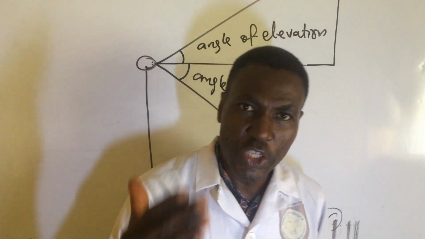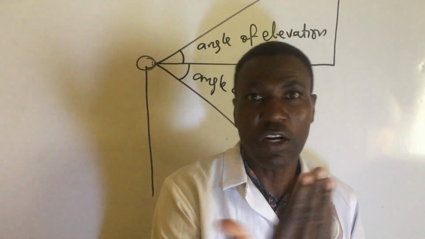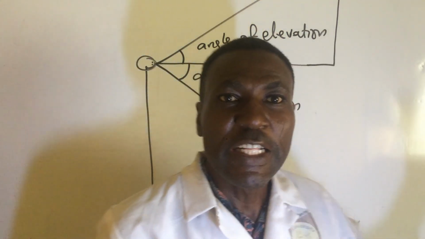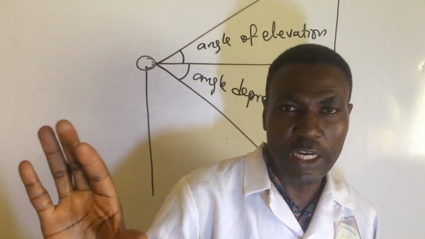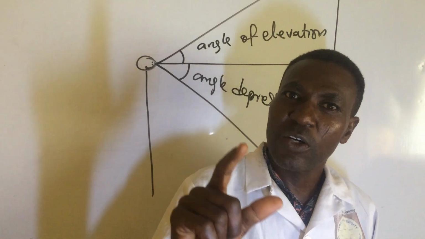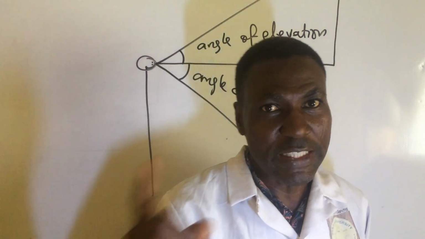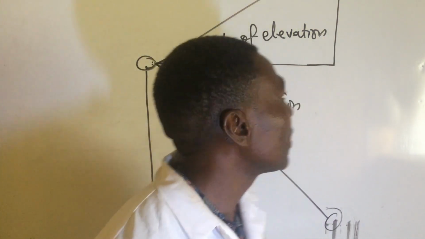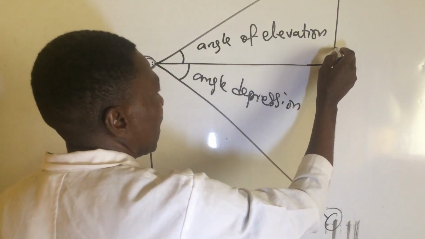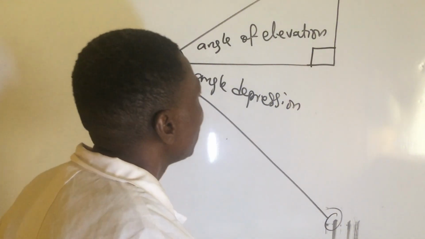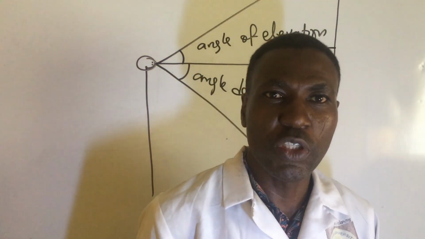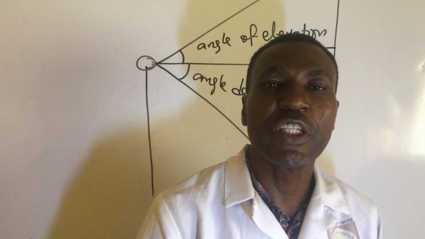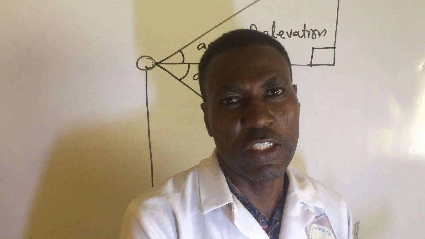Normally, we use trigonometric ratios, since the triangle is always a right-angled triangle, that is, a triangle that has one of its angles as 90 degrees. And this triangle has one of its angles as 90 degrees here. So in the majority of calculations, we use trigonometric ratios.